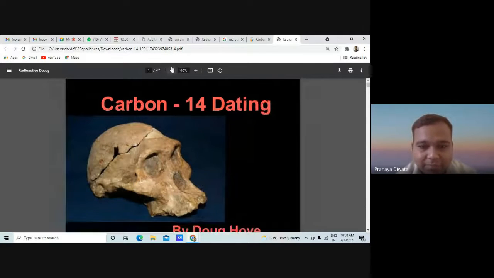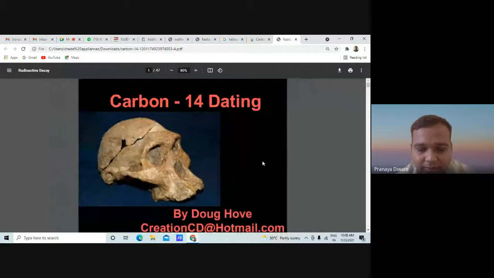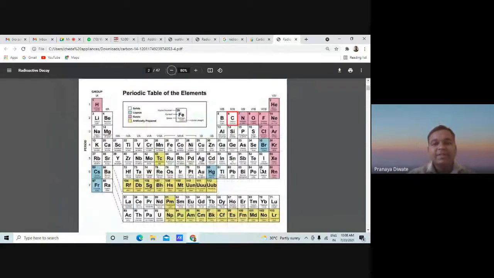Very simple. The relative dating is on the basis of relativeness, whereas your absolute dating method will give you the pinpoint age of any strata. I want to give you an example for these two dating methods.